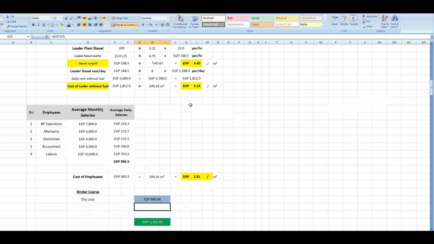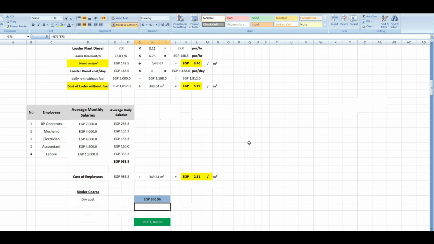Inside the batch plant, there are employees, there is food allowance, there are buildings, there is electricity, there is water, maybe internet, or maybe a computer, maybe a printer.